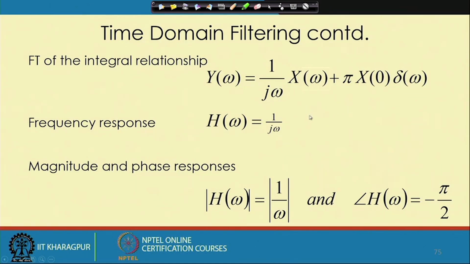So, immediately we can get that the frequency response would be 1 by j omega, and the magnitude of it would be 1 by omega.